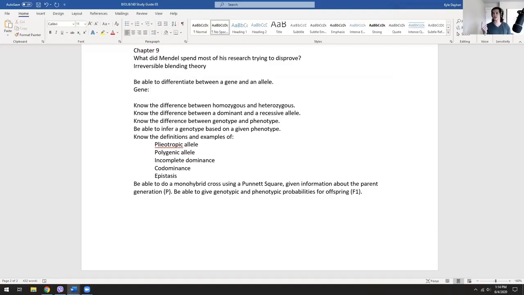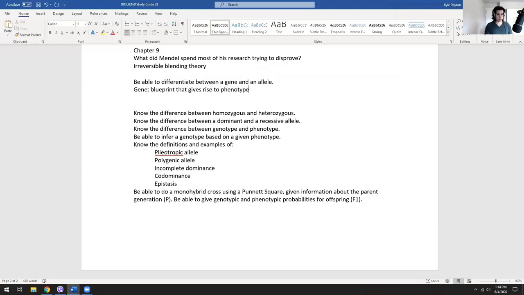One that you inherited from your mom and one that you inherited from your dad. So the gene is kind of like the blueprint that gives rise to phenotype, whereas the allele is just one piece of the blueprint. Does that kind of make sense?